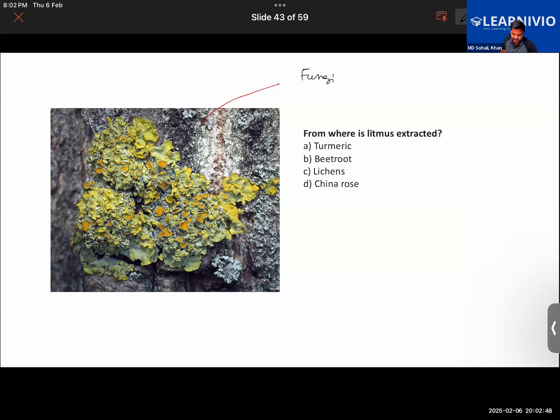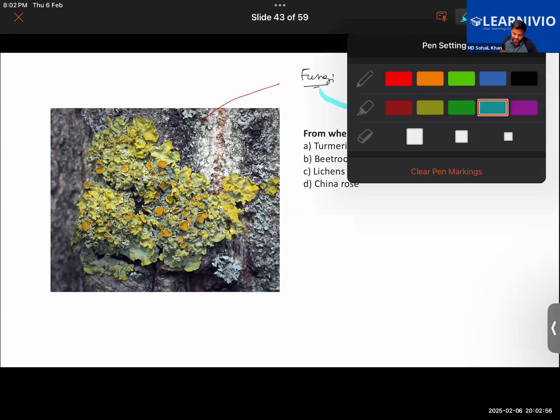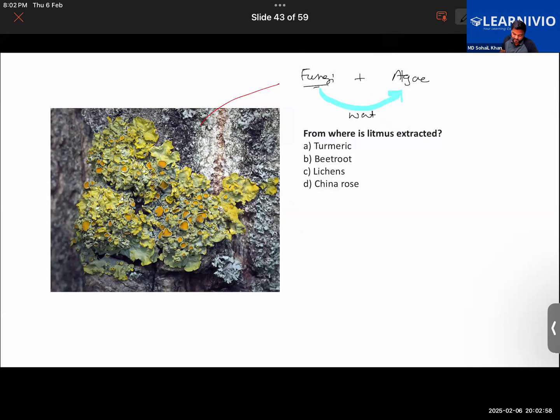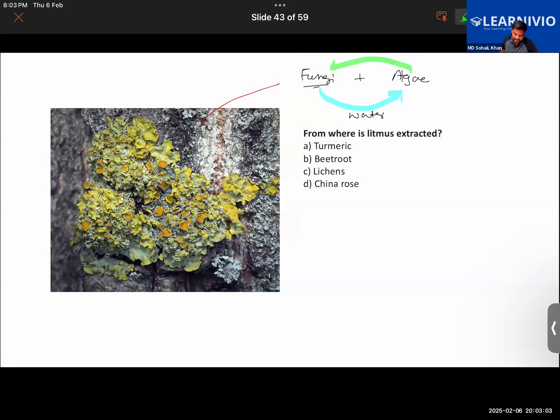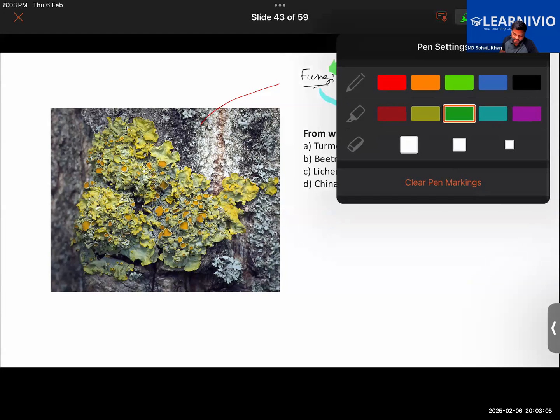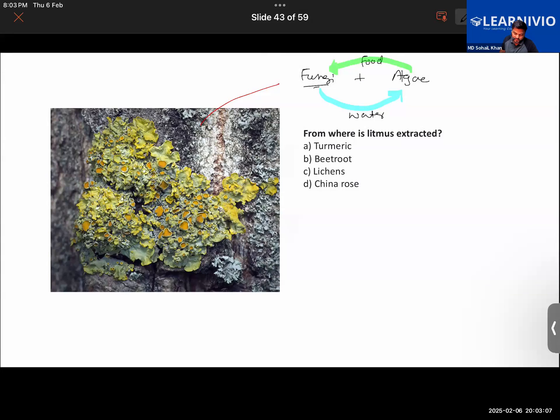Fungi provide water to the alga, and the alga does photosynthesis, prepares the food and provides it to the fungi. So both of them are benefiting one another.